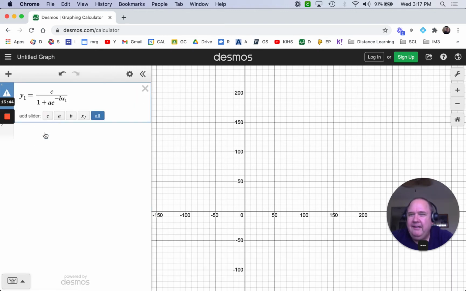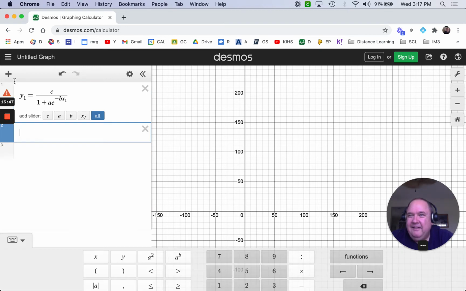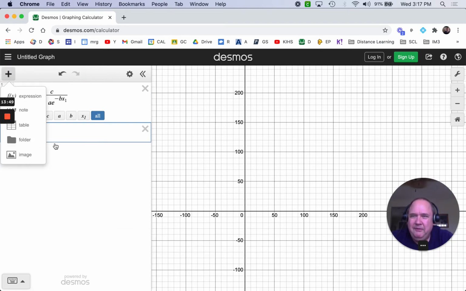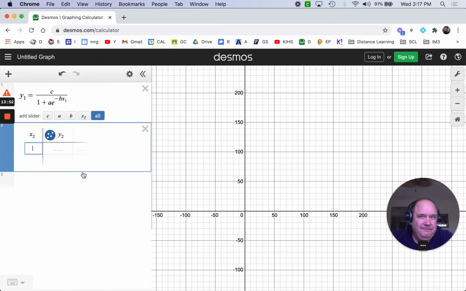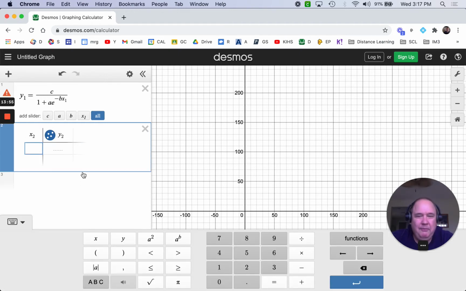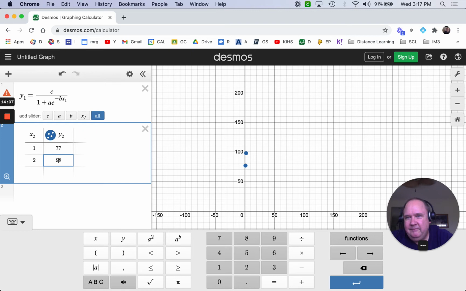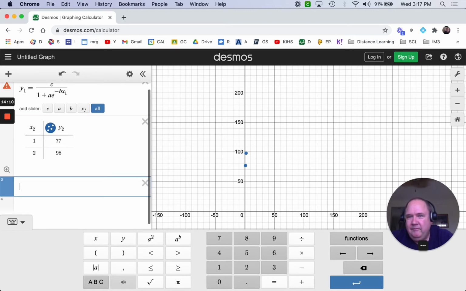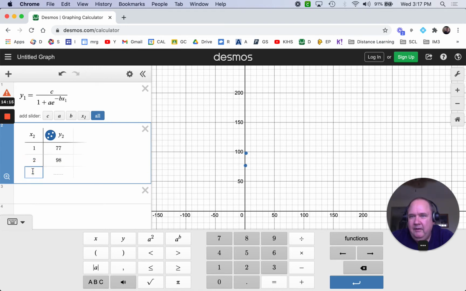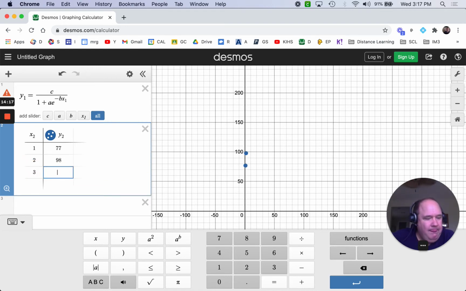So let's try it again. Let's see if we can do the table again. Why did my table disappear? I don't know why my table disappeared. So let's do the table again. The table is 1 and 77. It is 2 and 98. It is 3 and 124.